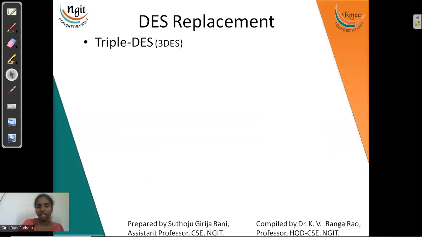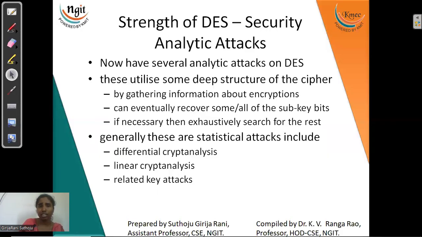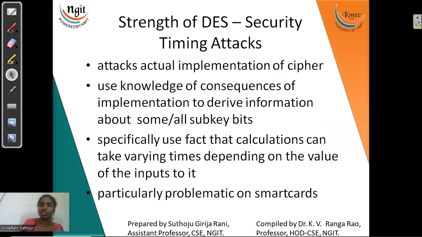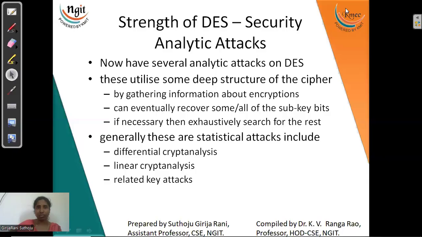Next, two strengths we have are on the time of analytical attacks and also timing attacks. When we are discussing analytical attacks, they depend on the attacks which we have performed. There are n number of attacks possible, that is differential, linear, and related key attacks.